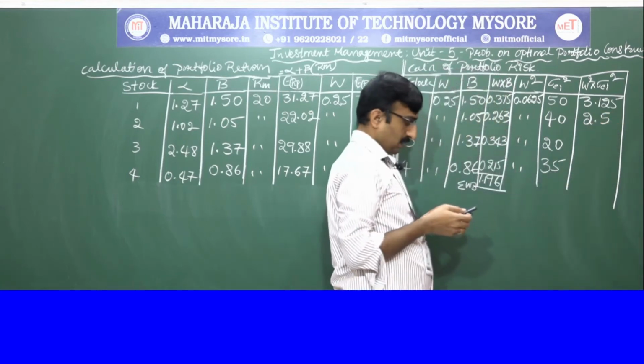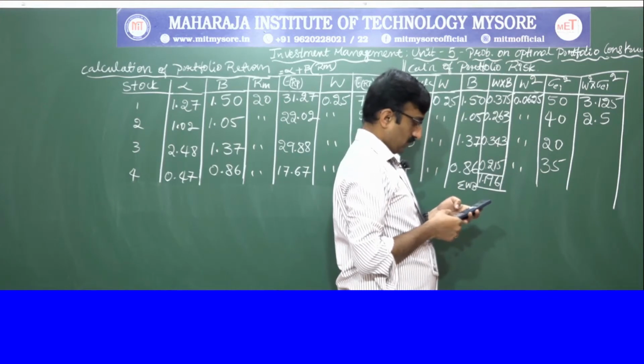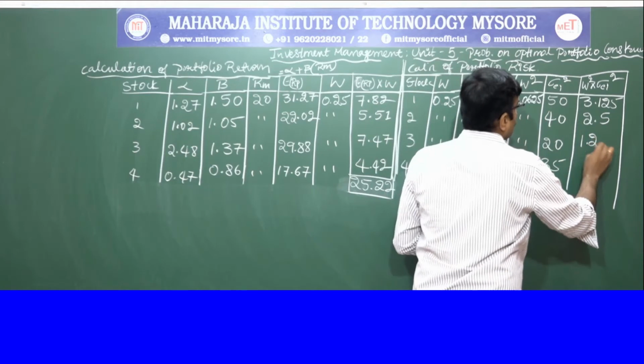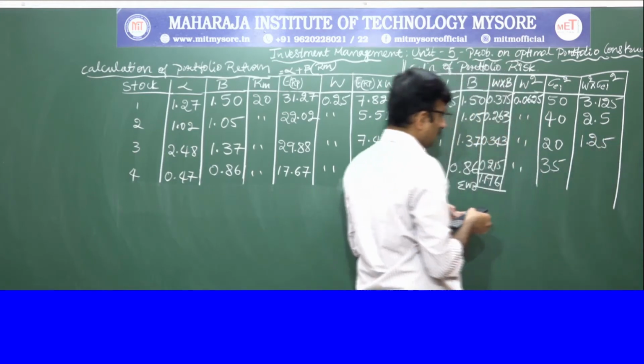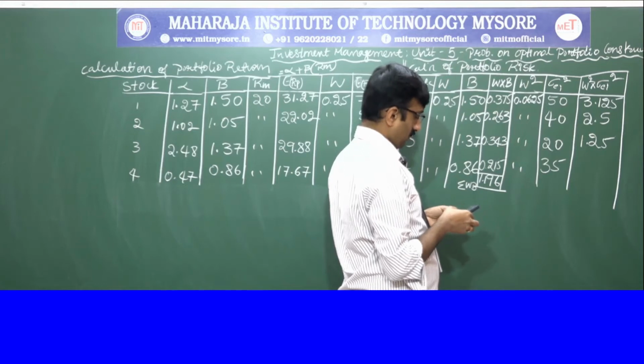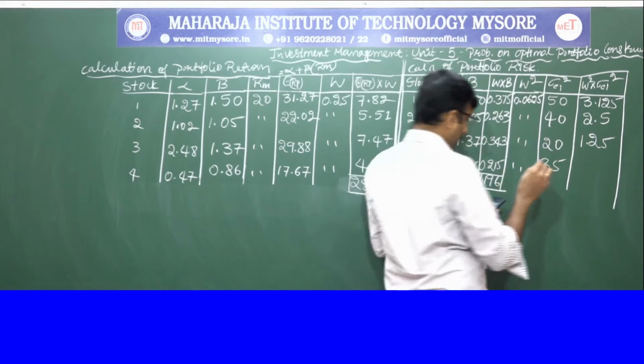Then with 20, if you do, you will get 1.25. Next, with 35, if you do, you will get 2.188.